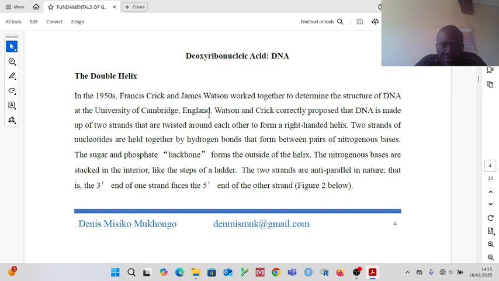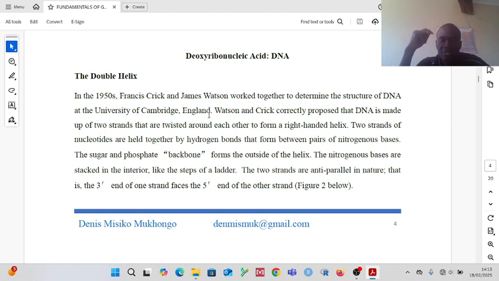So the structure of any nucleic acid, which we saw, is made up of many nucleotides. Then we saw that the nucleotides are made up of a nitrogenous base, a pentose sugar, and a phosphate group. Okay, so we saw how the pentose sugar, the nitrogenous base, and the phosphate group making one nucleotide is attached to the next nucleotide by the phosphodiester bond.